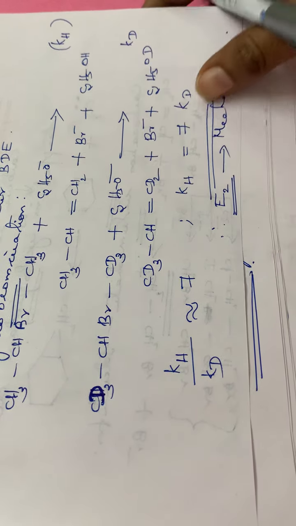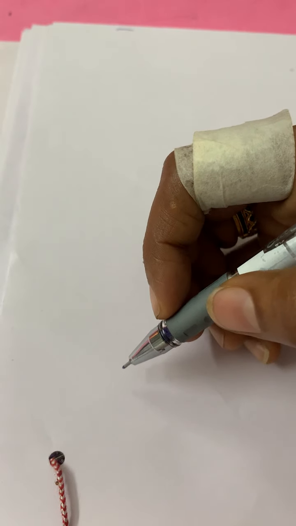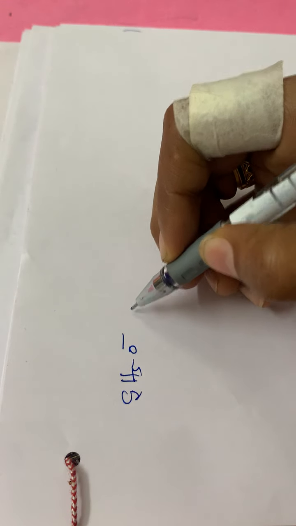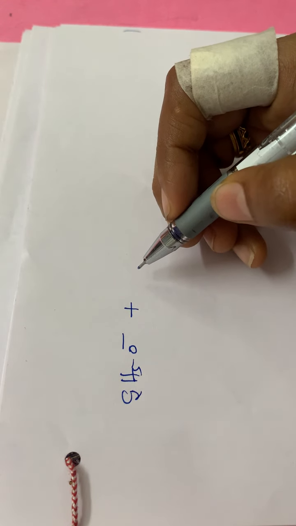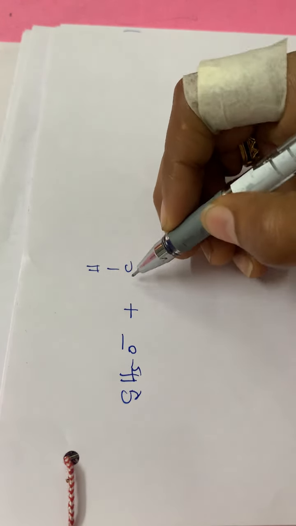What is E2 mechanism? The bond breaking and bond making will be taking place simultaneously. That is, here the reaction will be following in this way. That is C2H5O minus plus CH3, CHBr, CH3, isn't it?